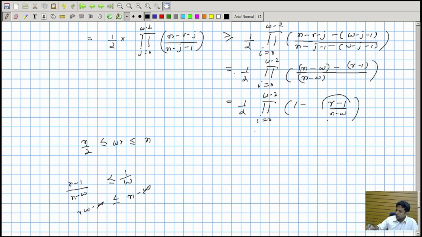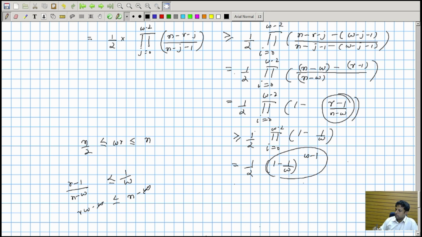So this quantity here is going to be less than 1 by W. When you're subtracting, the inequality reverses, so this is going to be greater than or equal to half into the product, I going from 0 to W minus 2, 1 minus 1 by W. And that is half into 1 minus 1 by W raised to W minus 1.